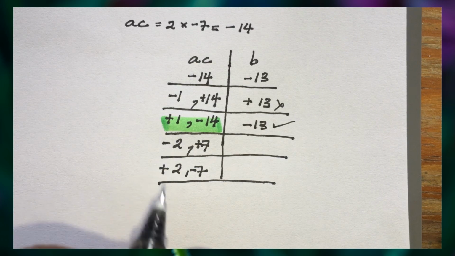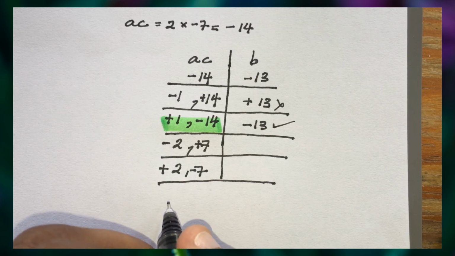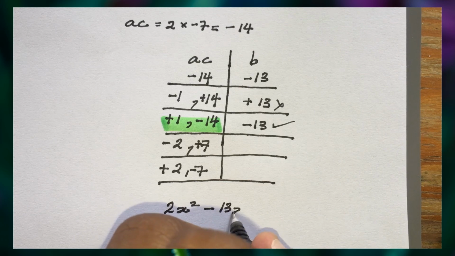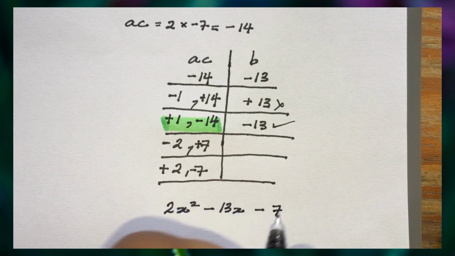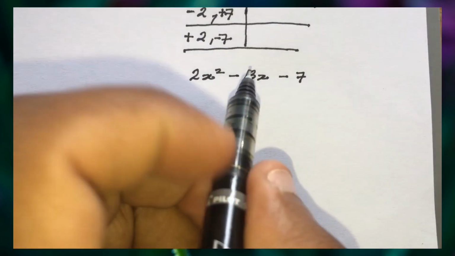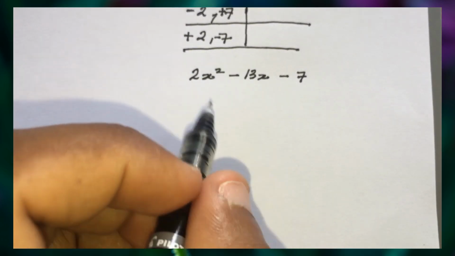So what I'm going to do is rewrite the expression 2x squared minus 13x minus 7, and break out this middle term using the key.